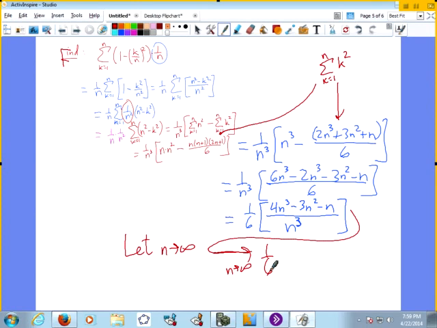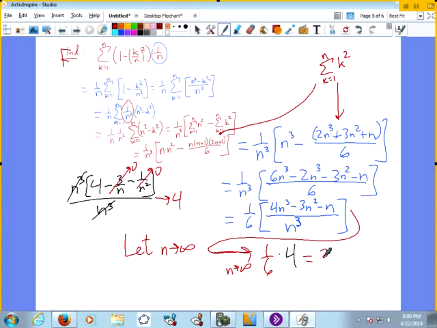Well, there's a 1/6 there. And now, what about the thing in the brackets? What's the limit of that as n goes to infinity? 4. And the answer is going to be 4. Ought to be 2/3.